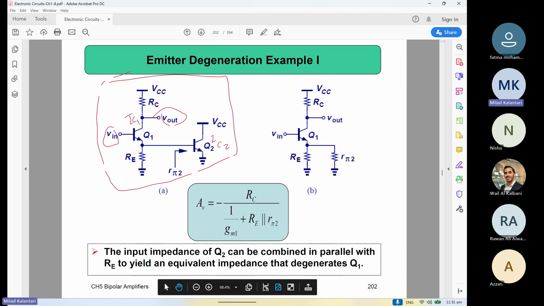You need to find the AC small signal models, right? Zero the VCCs, open the current sources, like that. So you just make it here 0, here 0.